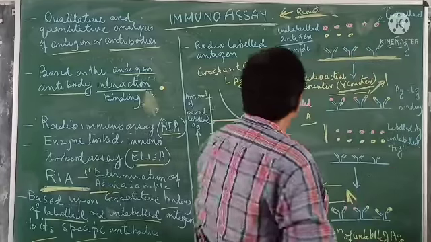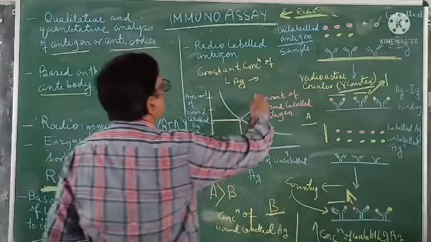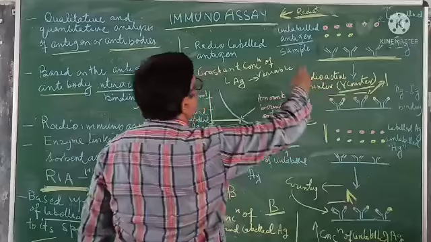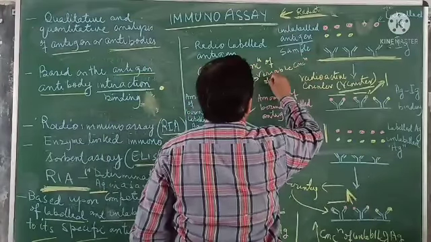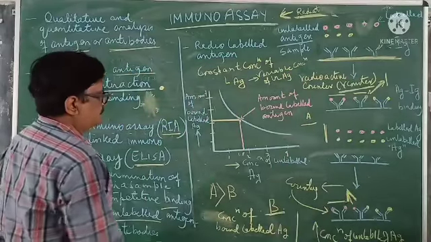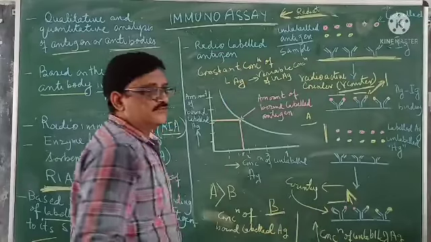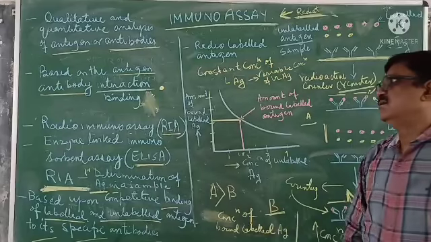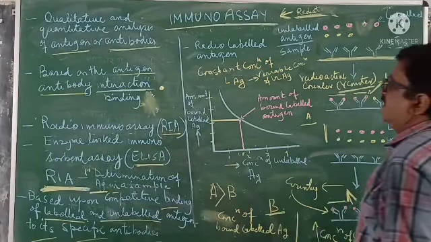antigen is increasing. So we take constant concentration of labeled antigen and variable, or increasing, concentration of unlabeled antigen. Okay, so suppose we take various concentrations of unlabeled antigen and at each step we calculate the amount of bound labeled antigen.